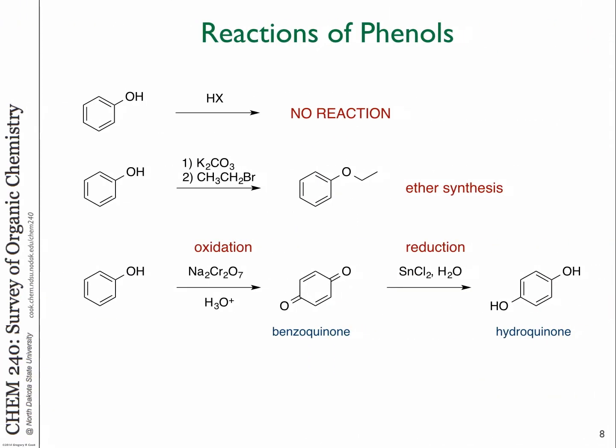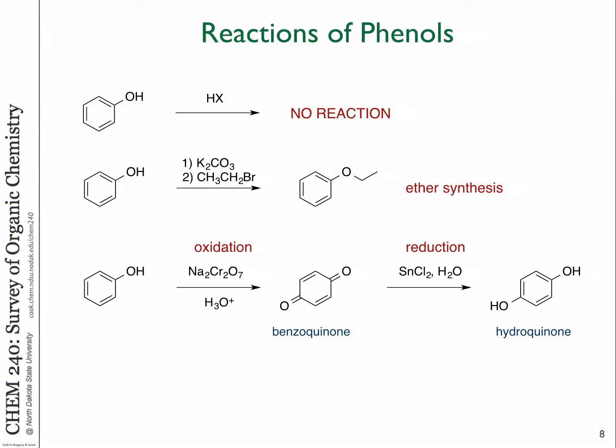Okay, phenols. Phenols are a little different. Phenols don't really react with acids at all, unlike tertiary alcohols, which can form carbocations. But you can deprotonate them. You don't need as strong of a base as sodium hydride because phenols are more acidic, right?